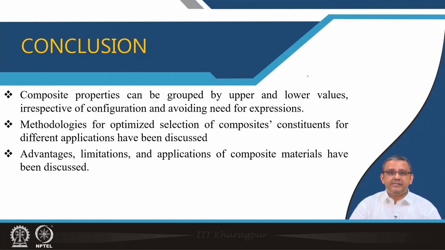Two such applications have been discussed, a light stiff beam and minimizing thermal distortion, but many such applications can be devised as per requirement. And at the last part of today's lecture, I discussed the advantages, limitations and applications of composite materials for many advanced applications.